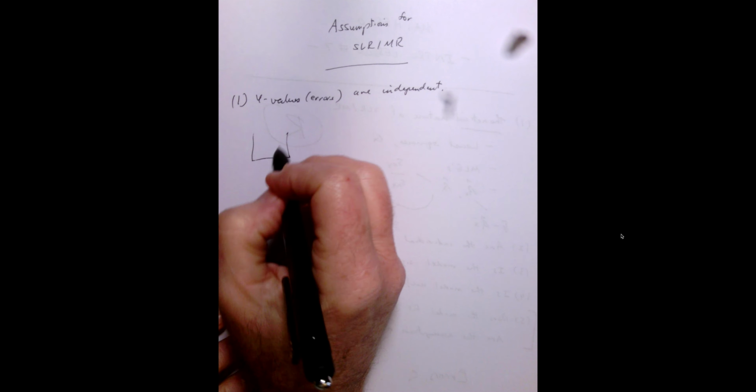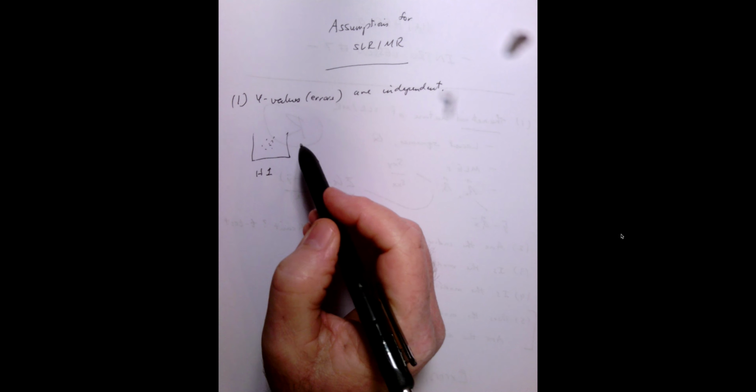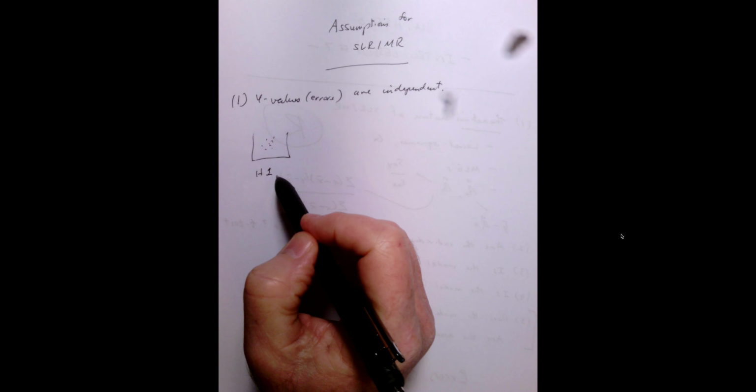Now, let me give you a situation where we might have a concern with independence. Let's say, for example, that we want to examine the relationship between two quantitative variables. And we collect our data from hospital number one. We go in and collect a sample from hospital number one, and all we want is to generalize to hospital number one.